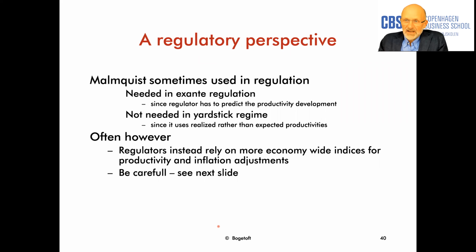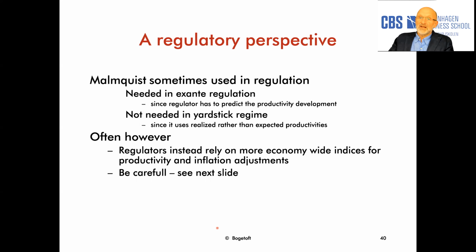I want to say that although it fits really well into the classical revenue cap scheme in regulation, because it identifies the general X and the individual X, it is not always used. And I want to show you what is done instead and warn you a little bit about it.